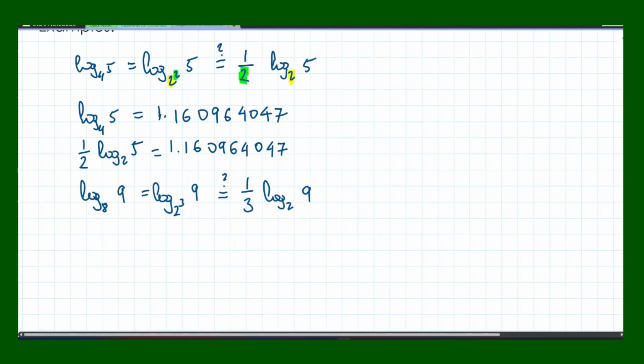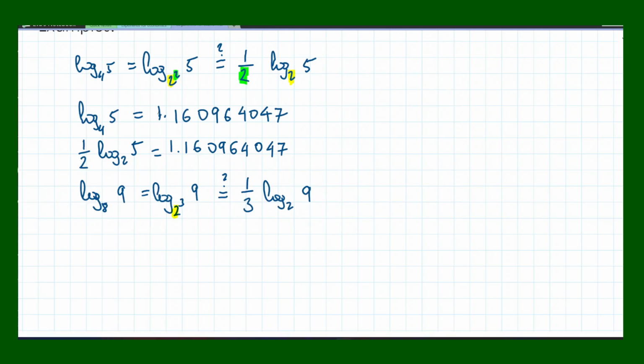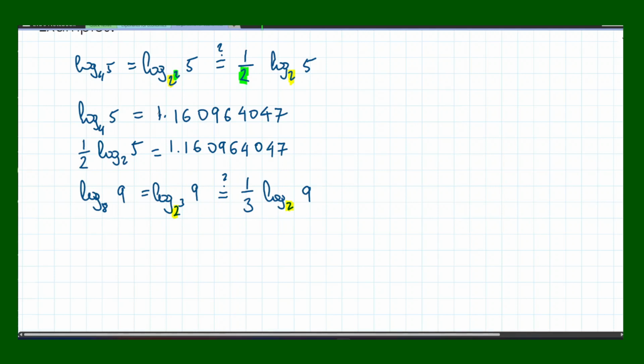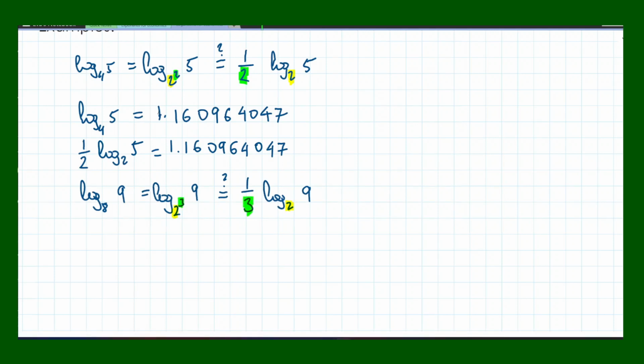Again, in the original log, the base is an exponent, and the base of that exponent is 2. So in the new form of the equivalence, the base also has to be 2, but in this case it's not an exponent of a base, just a single base. And also the power of the original base is now a multiplier outside in front of the log.